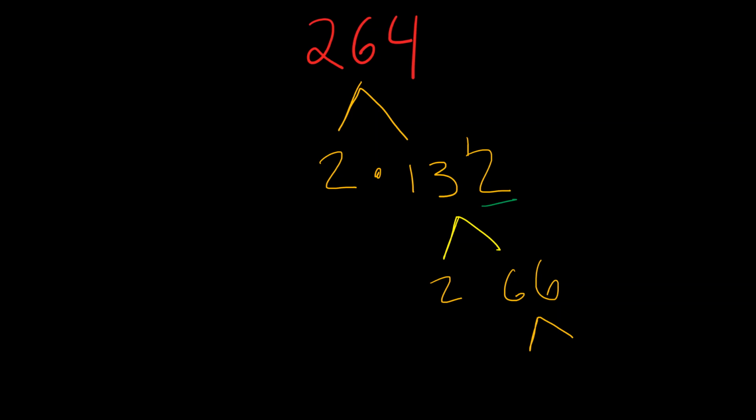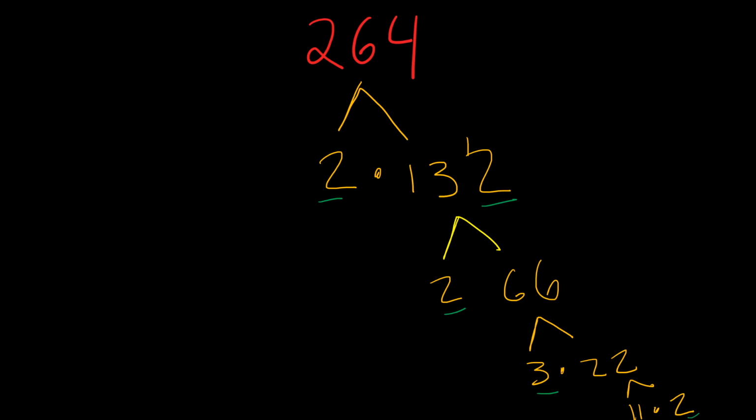I can break 66 down by 3. 3 goes into 6 2 times, so I have 22. And then this further breaks down to 11 times 2. So now I have 2, 2, 3, 11, and 2.